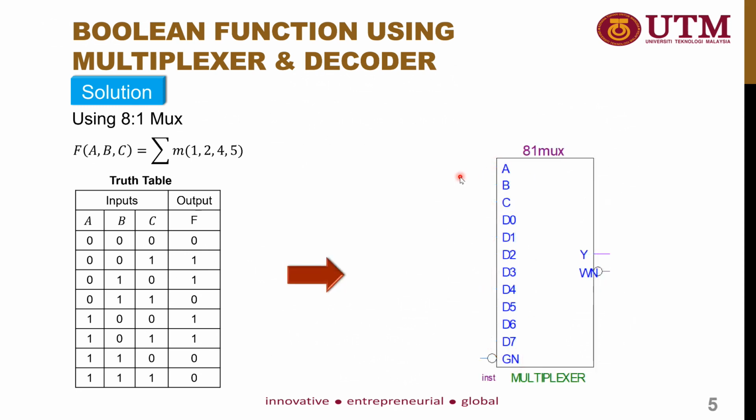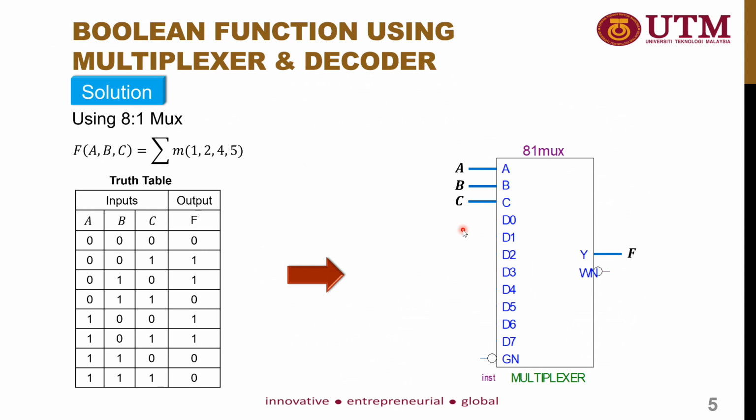For example, we have input A, input B, and input C, corresponding to the function given, and we have our output, which is Y. In this example, we are considering the active high output because none of the questions mention that the output is active low, so we can generally consider the output to be active high.